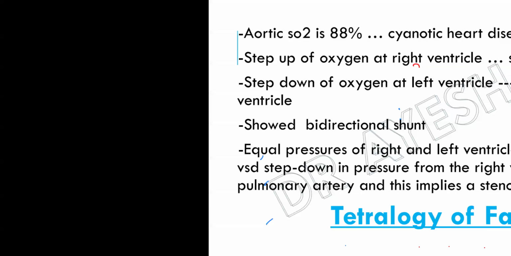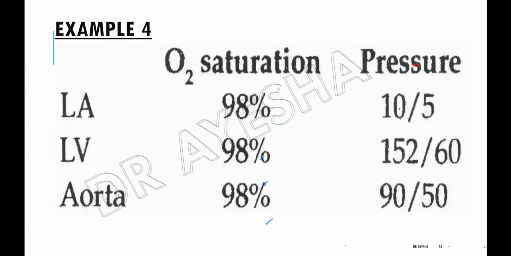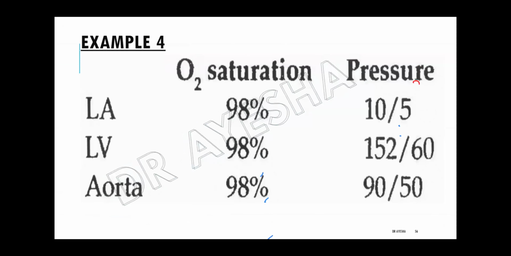So now, Tabinda, this is your turn. Let's start with it. This is a small question for you. Okay, the first thing we will look at is the aortic saturation, which is 98. Very good. It's most likely acyanotic. Very good. And then we go through the flow of the saturations first.